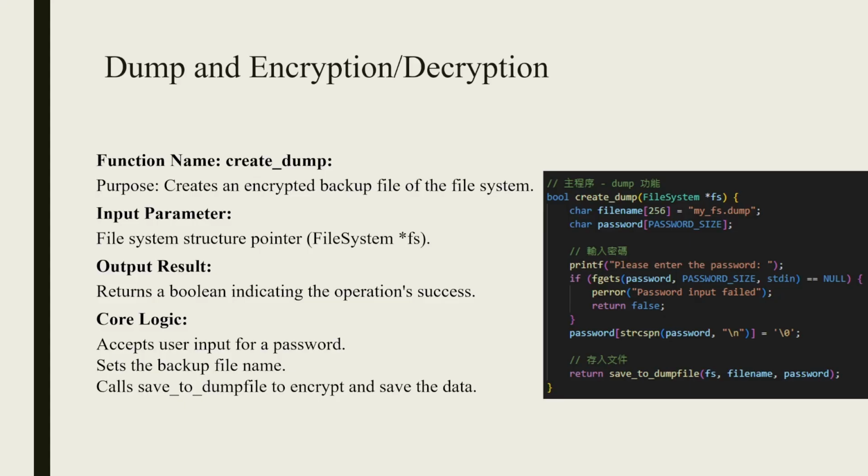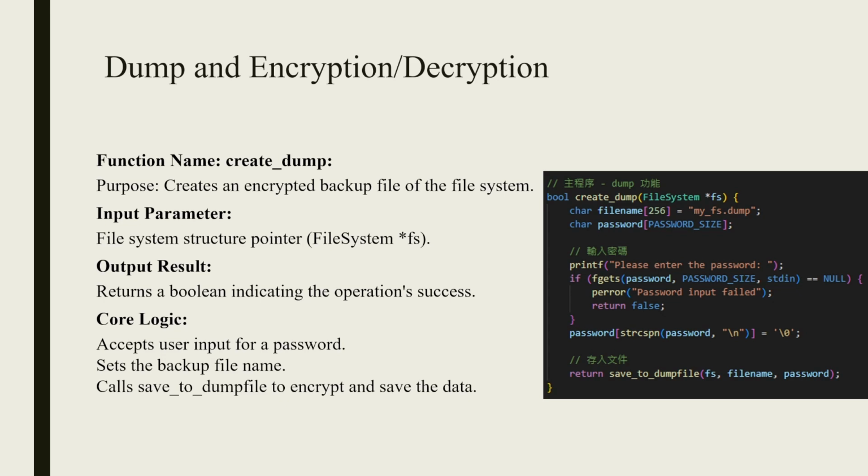Okay, then we are going to introduce our dump and the encryption and decryption functions. The first part is the create dump function, which is the entry point for the backup functionality in the file system. It can generate an encrypted dump file to save the file system state for future recovery. The first part is the file name.